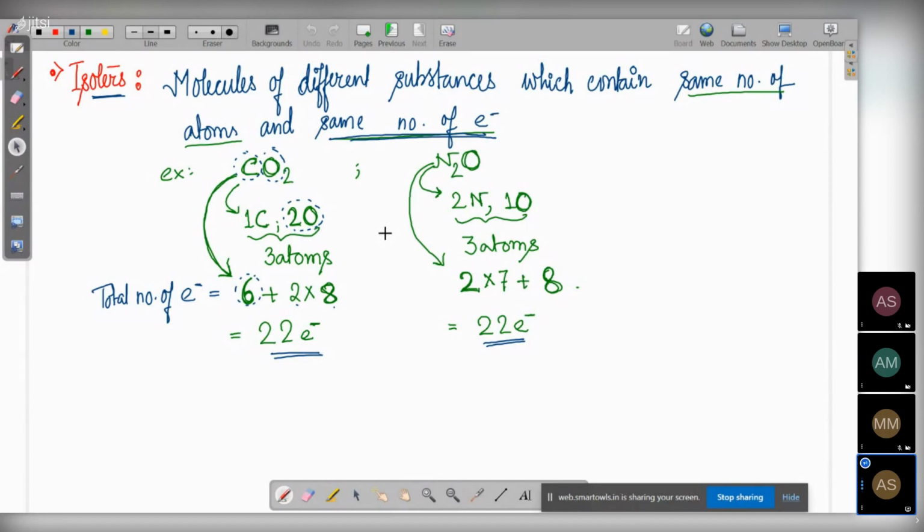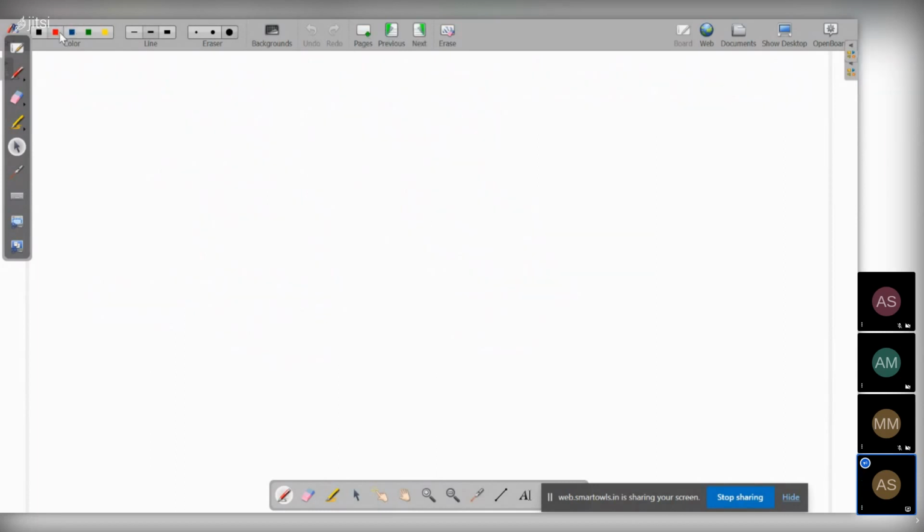So now we will do about the isoelectric molecules. So now let's see what isoelectric molecules are. Now this will be a very important concept about isoelectric, which will apply also in the coming chapter.